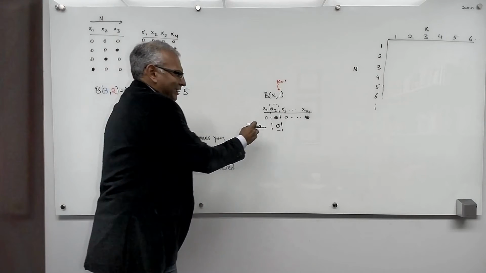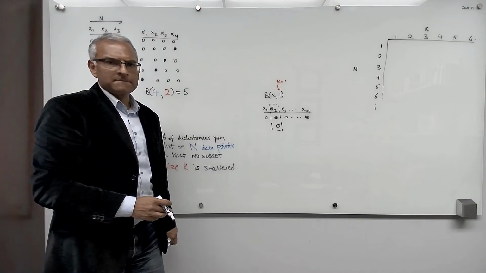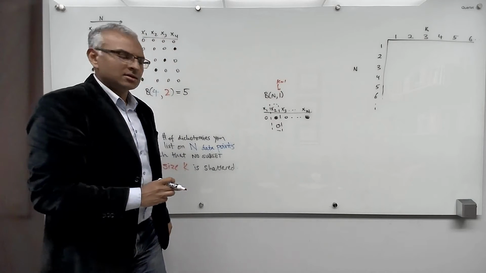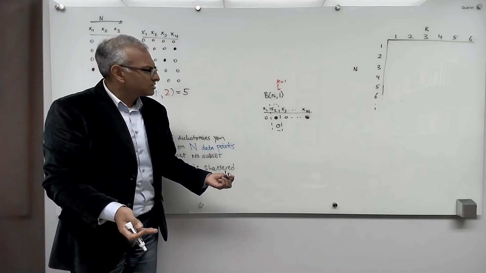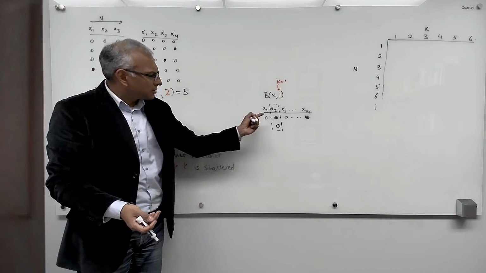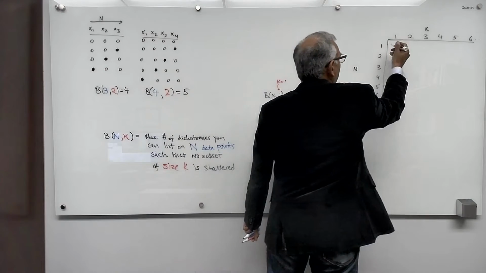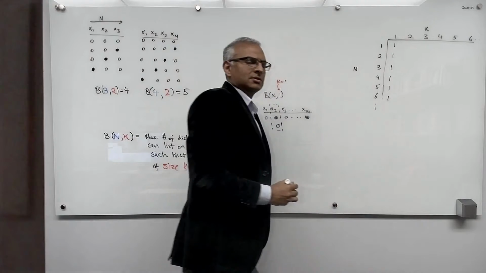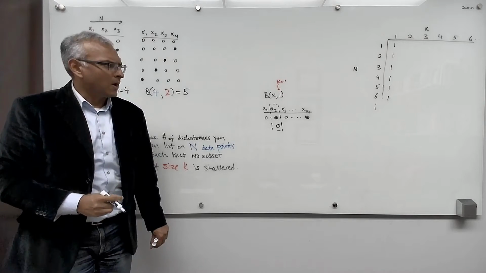So I cannot add a second dichotomy, no matter how I chose the first dichotomy, because I'm not allowed to shatter any subset of size 1. So it's a huge constraint. B of n and 1, the maximum number of dichotomies I can list without shattering any subset of size 1, is just 1.